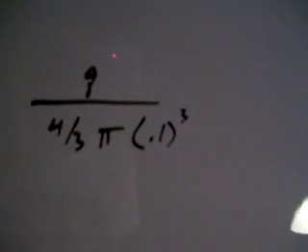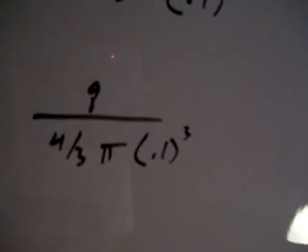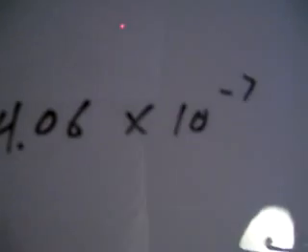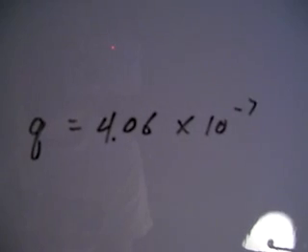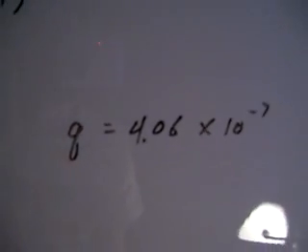When you do that, again, I'm not going to punch it in, the charge comes out to be 4.06 times 10 to the negative 7. So that's the charge inside that portion of the sphere.